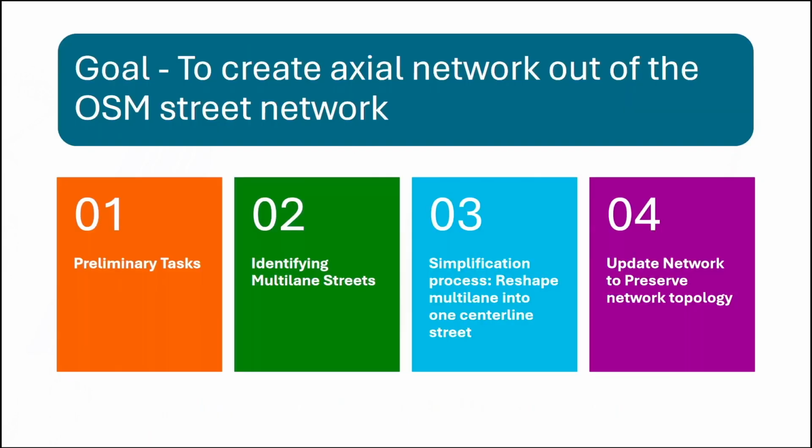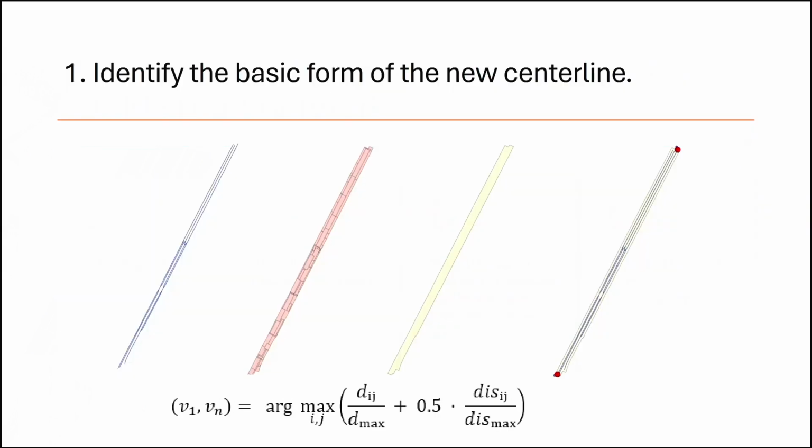that takes us to step number 3, or component number 3. I'm not going into much detail about it. I'll just say that now we have a group of polylines that we know should be simplified.